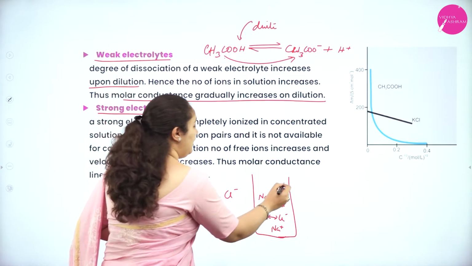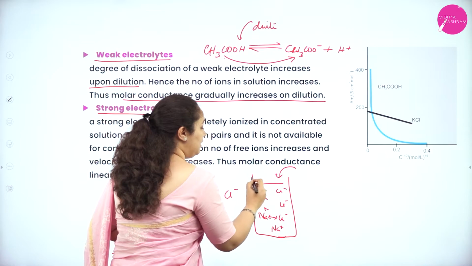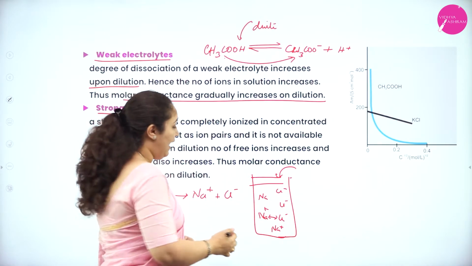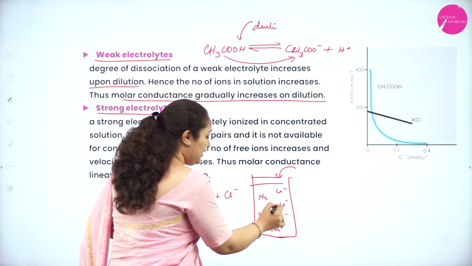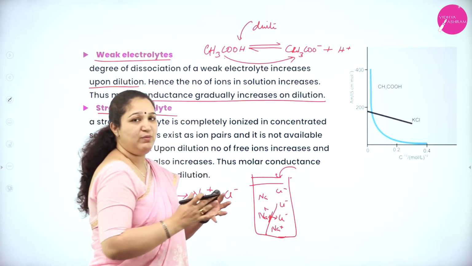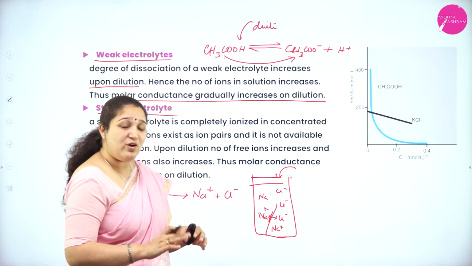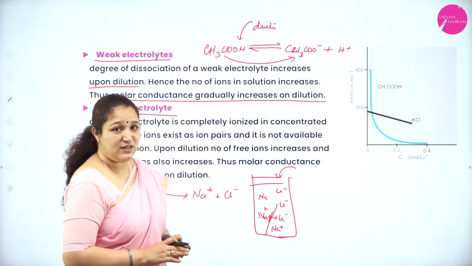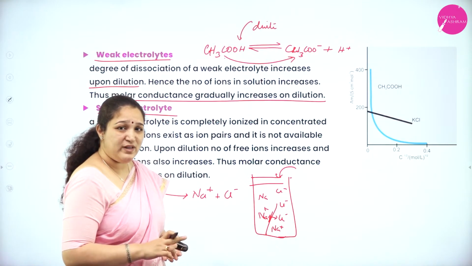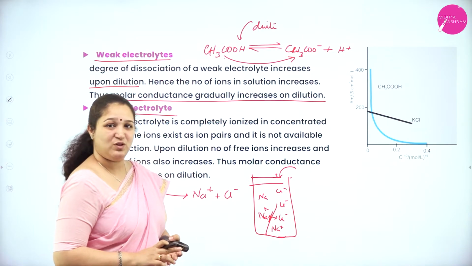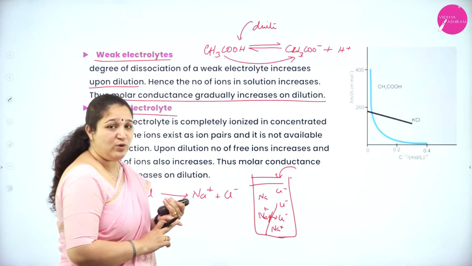So now when you are diluting this, what will happen? The volume will increase, they'll get more space, they'll move far apart, and this interionic attraction will be broken because they are moving far apart. And now all these ions are available for conducting electricity, due to which the molar conductivity will increase. Got it? Weak electrolyte, what will happen?